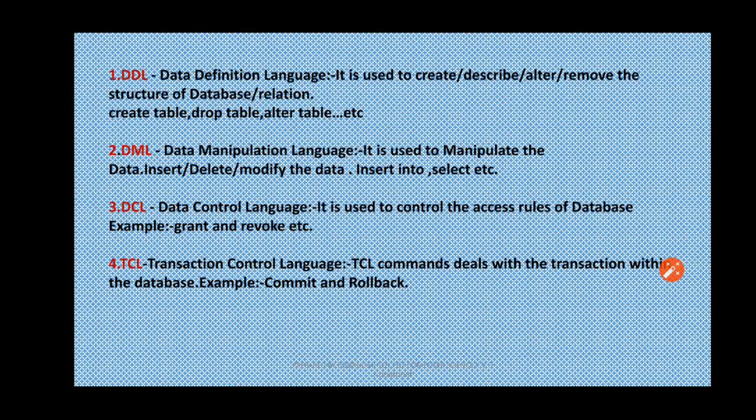And the next one is TCL, transaction control language. TCL commands deal with transactions in the database. For example, after doing some transactions, if you want to save them, then you will be using commit. If you want to undo them, you will be using rollback. So commit and rollback are the examples of TCL.